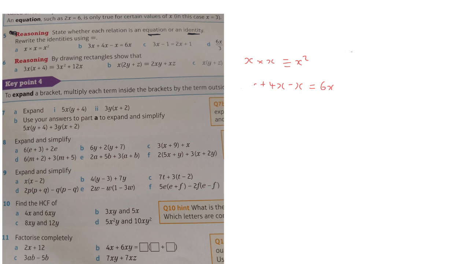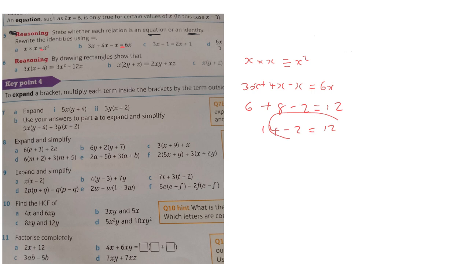When x is equal to 2, we have 3 times 2, that will be 6, 4 times 2, that will be 8, minus 2. And to see if we are correct, 6 times 2 should be 12. So 6 plus 8 is 14, 14 minus 2, and that will also be 12. So the second one is also an identity. So we should change that and write identity.